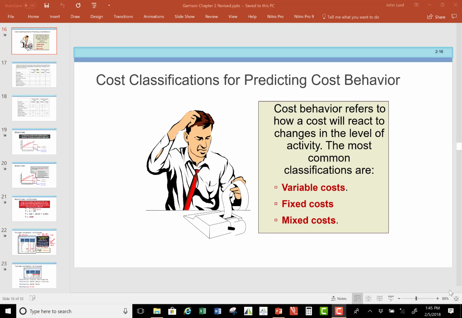And that's at the time that they actually come in. But the warranty expense in and of itself is a period cost because it's matched with the sale, right?